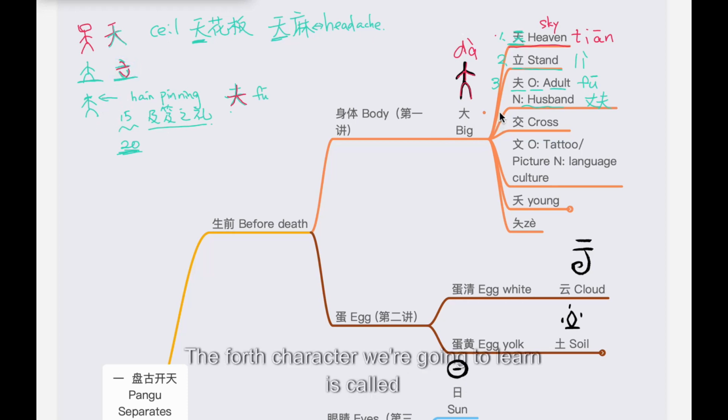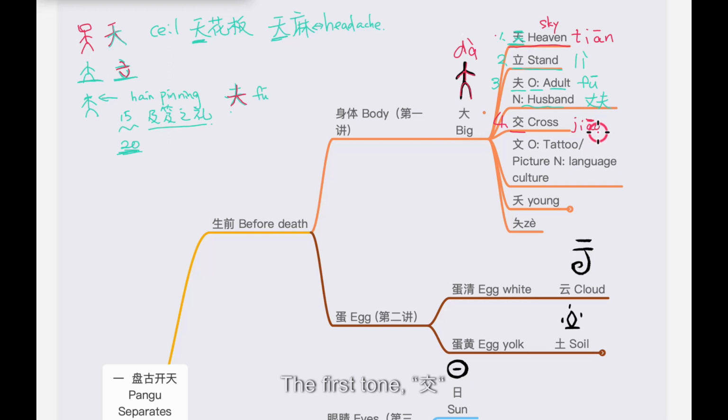Okay, the fourth character we're going to learn is called 交. 交. The first tone. 交. First, we draw a person, but with his or her legs crossed. Today, we write it like this.